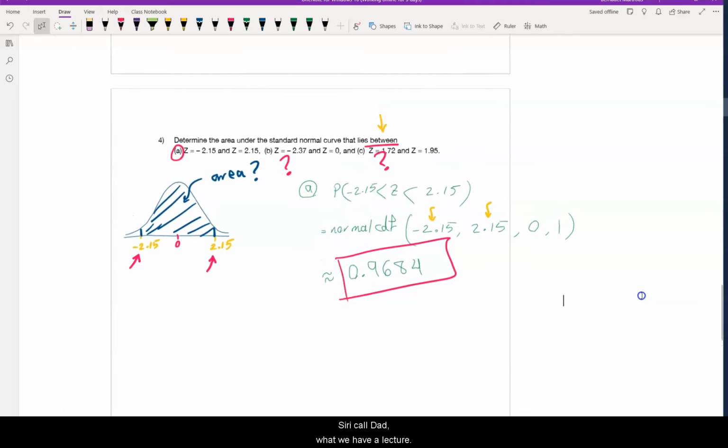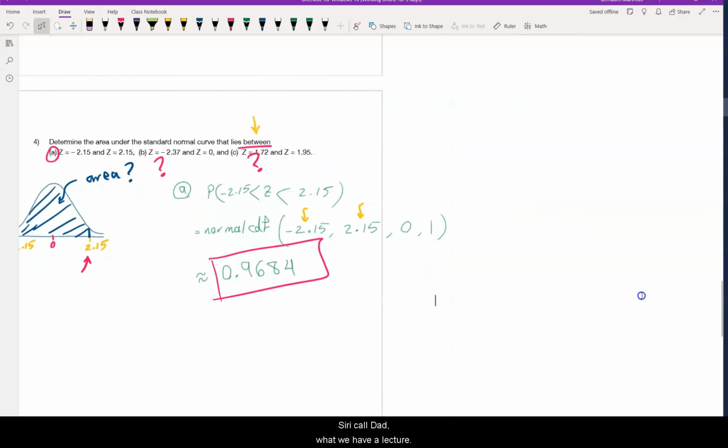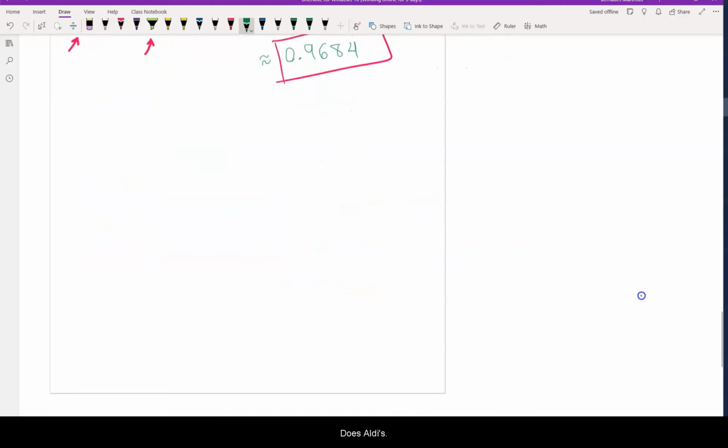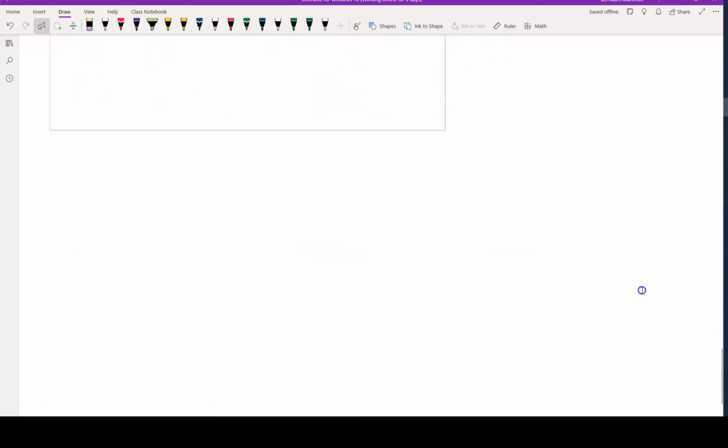You recall that from what we have in lecture. So I did all these, but I'm going to add this one here. Then we have z-score. So when a z-score is given, and it's asking to find area or probability, in that case, you have to use normal CDF.